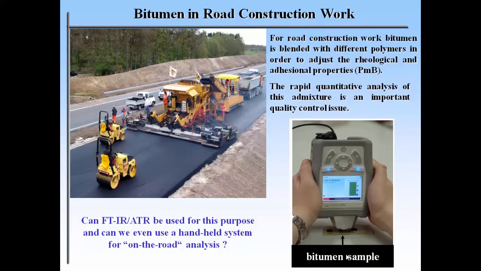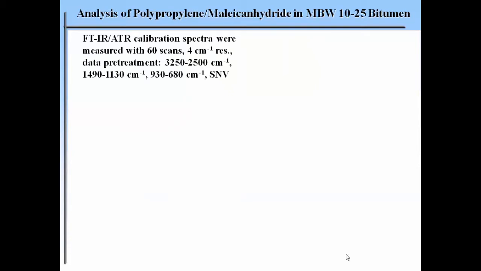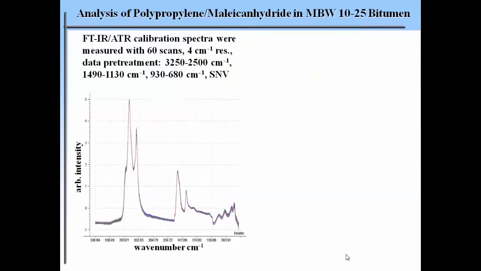This is a small silicon rubber plate, and the bitumen is here. You just put the diamond of this nose here in contact with the bitumen. The bitumen gives a relatively good contact with the diamond. These were the measurement parameters, and these are the spectra.